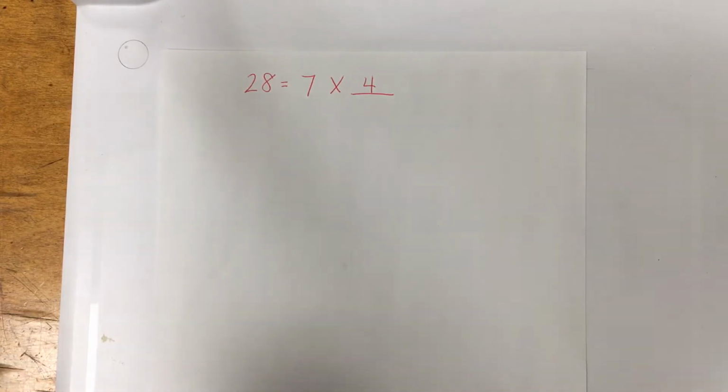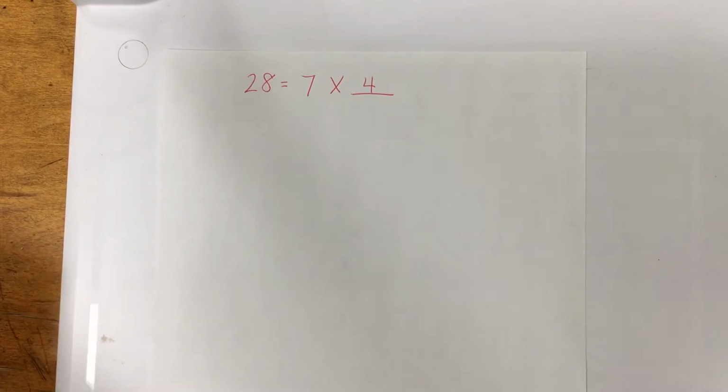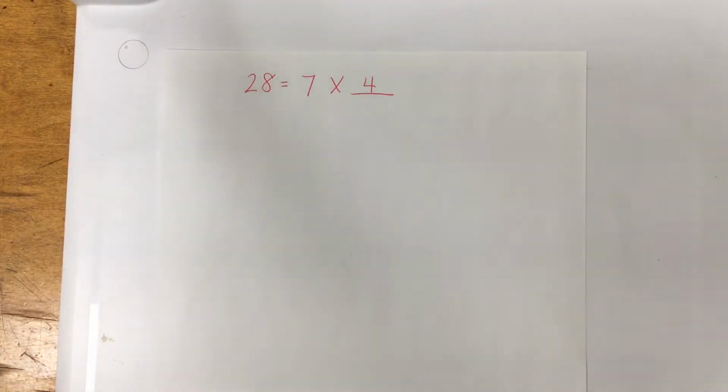Now, how can I find out if 3 is a factor of 54? Well, if I know my 3's facts all the way up to 12, 3 times 12 is 36. So knowing my 3's facts isn't going to help me with these bigger numbers.